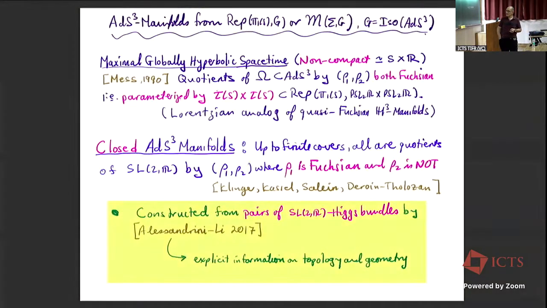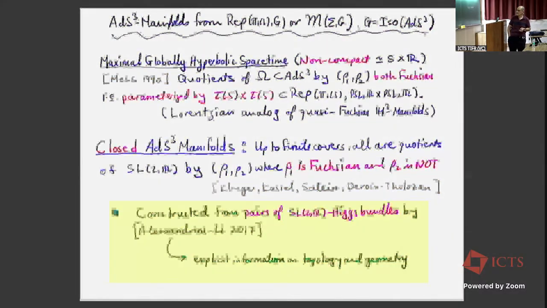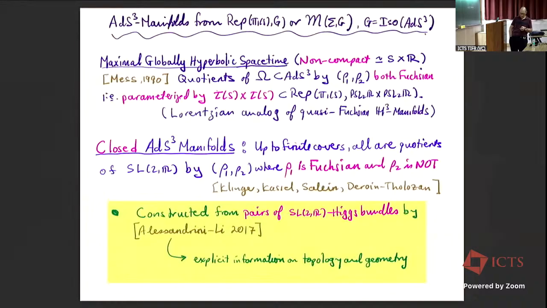So there's a lot of interesting geometry associated with these, and there are structural theorems. Here's two pieces of information about two different classes of these anti-de Sitter manifolds. There is an interesting class of non-compact ones where the underlying manifold is the surface cross R. These are called maximal globally hyperbolic spacetimes, and these are very relevant for general relativity.